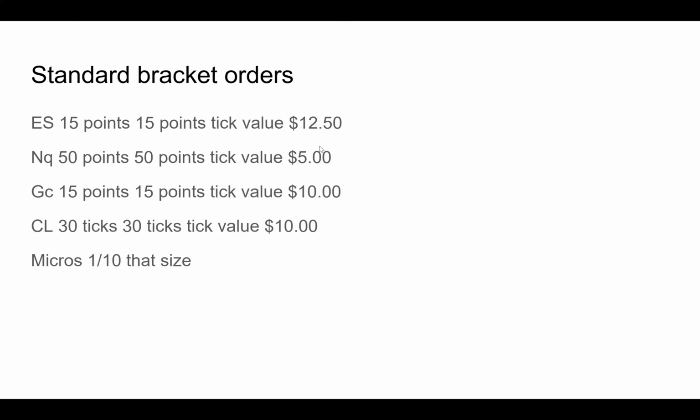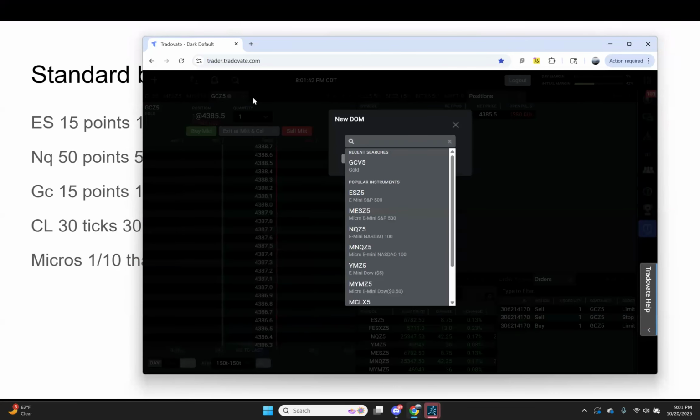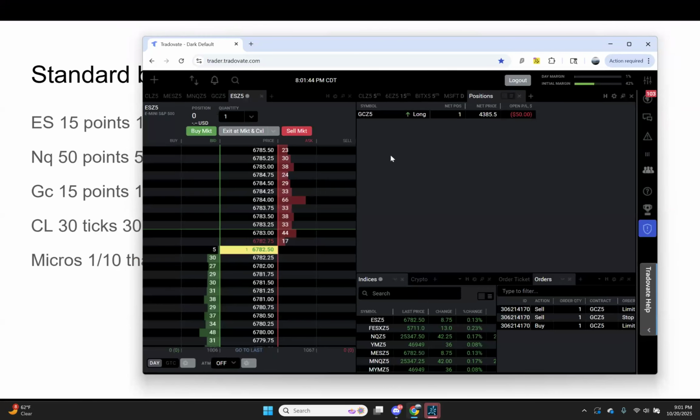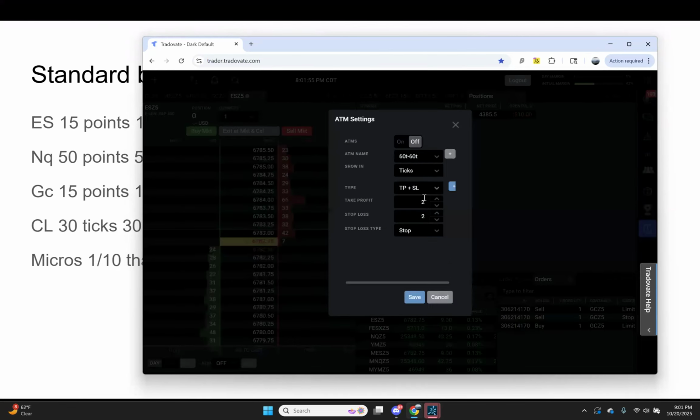Let me go back and show how to do that on, not TradeStation, what was that broker I said? Tradovate. Whatever you type in, ES, pull up the contract, and go to this little button here. We're going to do 15 points in the ES, which is 60 ticks. So 60T, 60T, 60 ticks, 60 ticks.